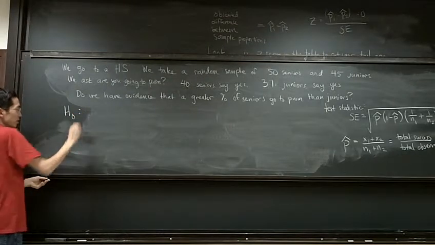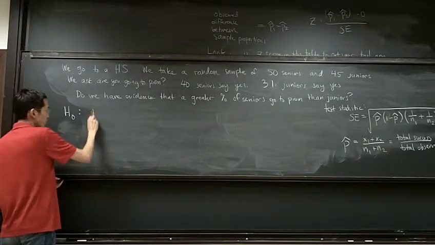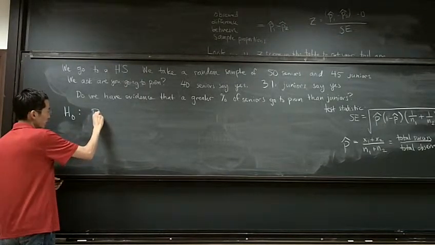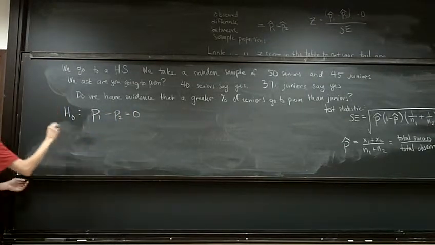My null hypothesis would be that the proportions are equal, right? Or that there's no difference between the proportions. So I could say P1 minus P2 equals 0.